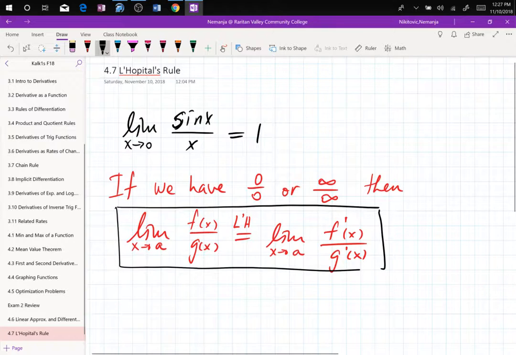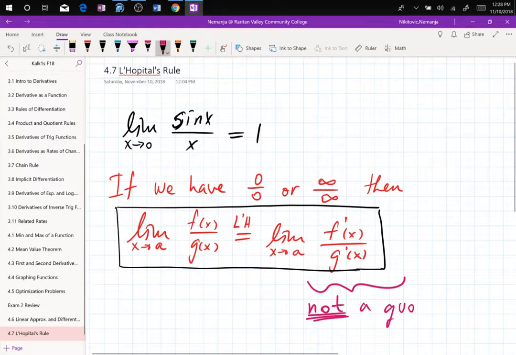L'Hopital's rule. And I'm already thinking of the next thing that I want to write, and that is that this is not a quotient rule. Alright, so not a quotient rule.